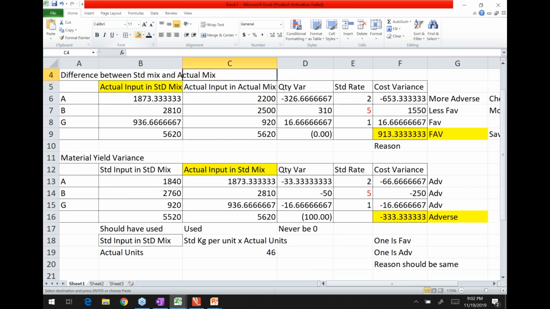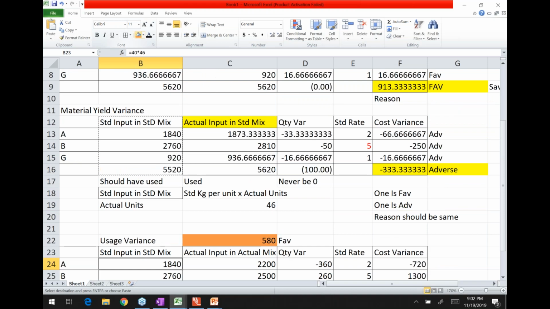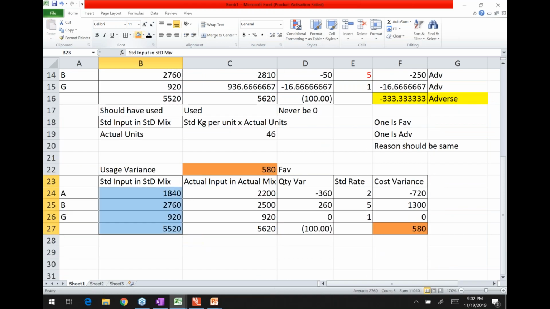The second column of mix, I just got excited: second column of mix and the first column of yield is the secret to find out usage variance using this spreadsheet.